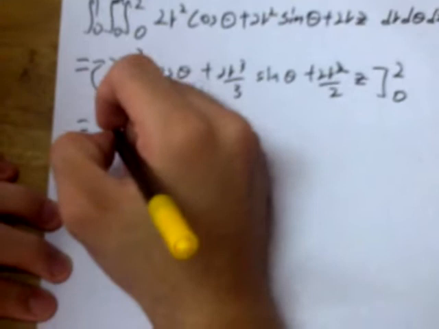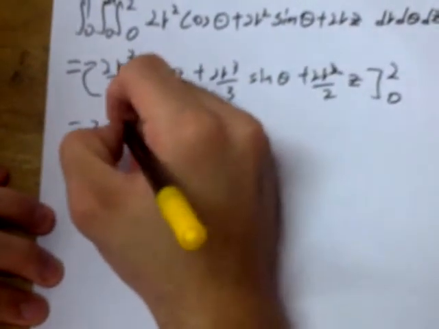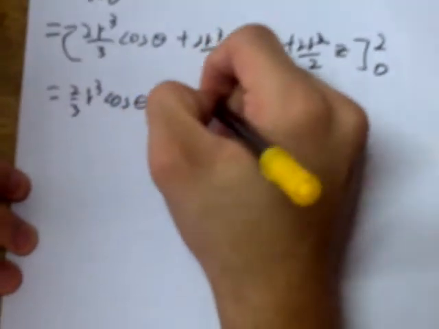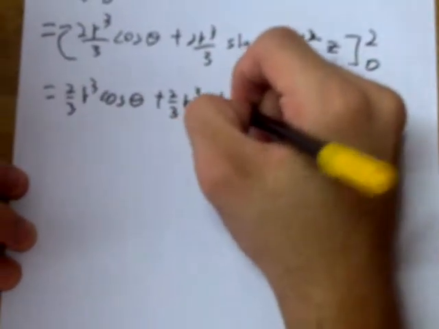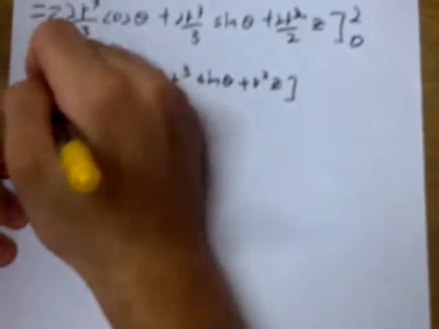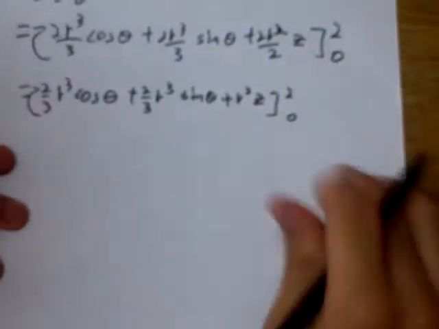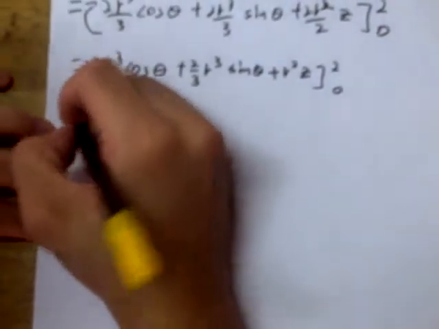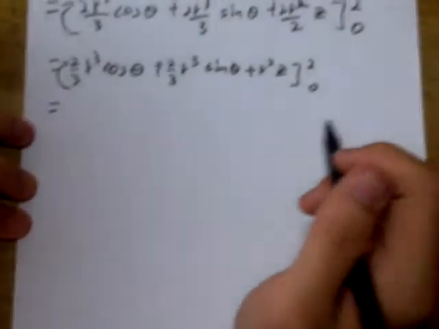So it's equal to 2 over 3 r cubed cos theta plus 2 over 3 r cubed sin theta plus r squared z between 2 and 0. We don't have to substitute in 0 because it all becomes 0, so we just substitute in the 2.